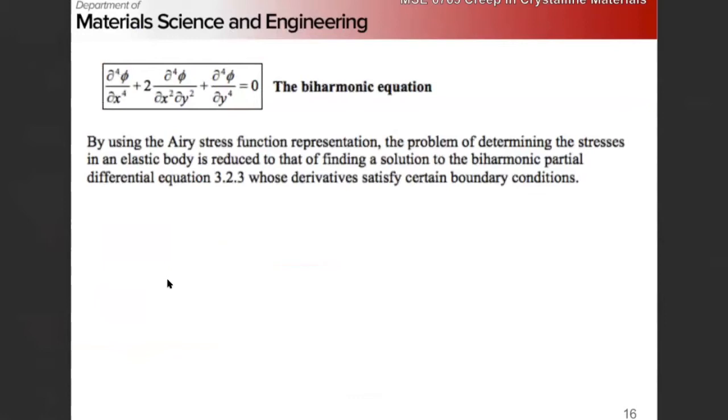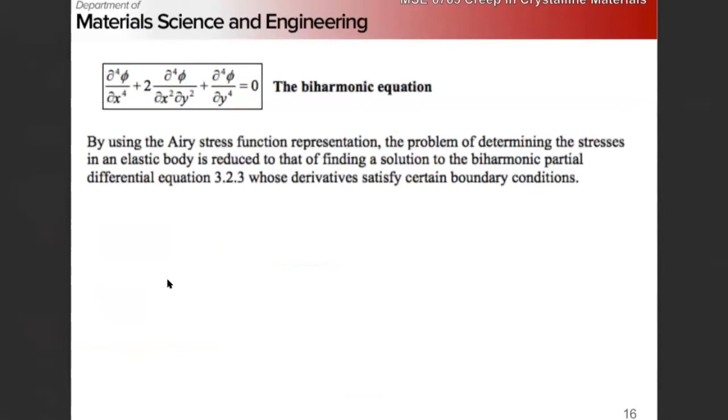If we use this Airy stress function, we can rewrite the problem of determining the stresses in our elastic body as finding a solution for this partial differential equation that meets our set of boundary conditions.